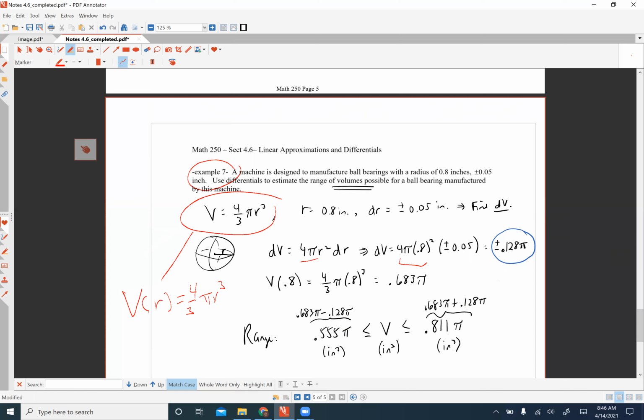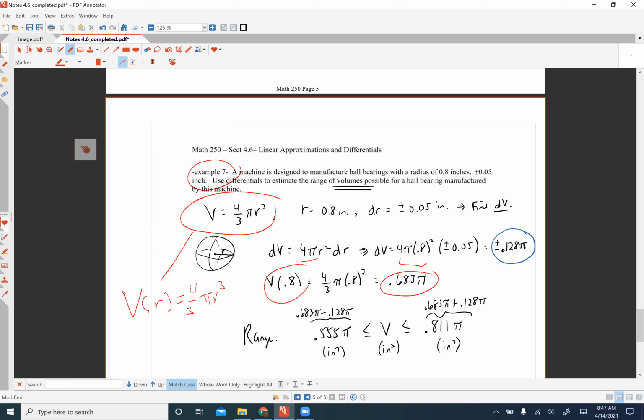If you put in r exactly 0.8, you get the volume, again as an approximation, of about 0.683 pi inches cubed.